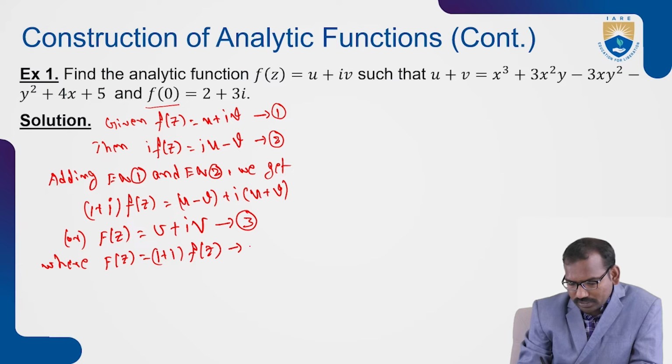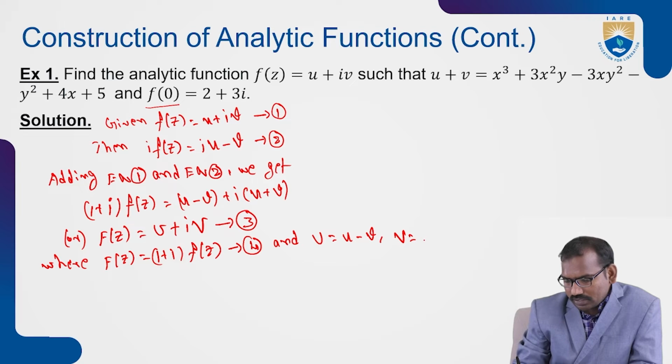This I am going to take as equation number 4. And what is capital U? Capital U is small u minus v, and capital V is small u plus v. Okay, right.